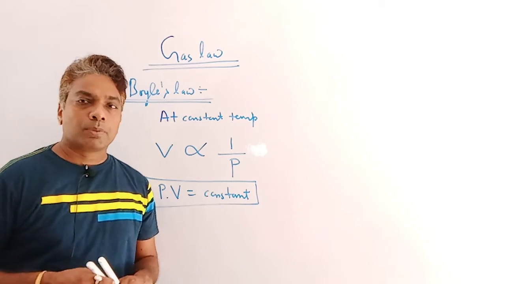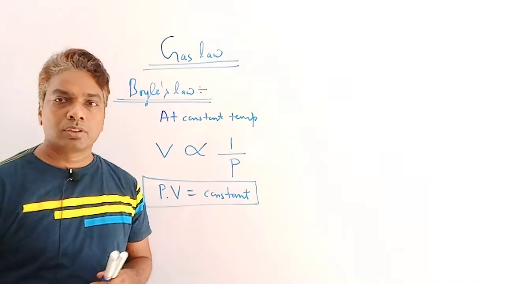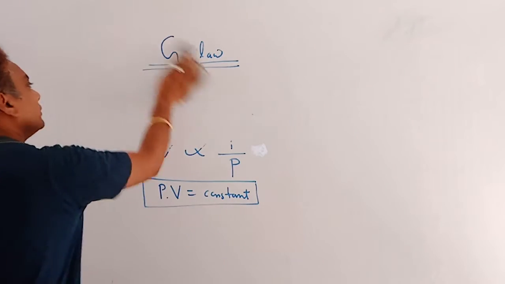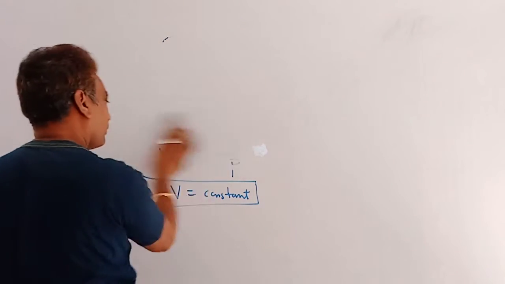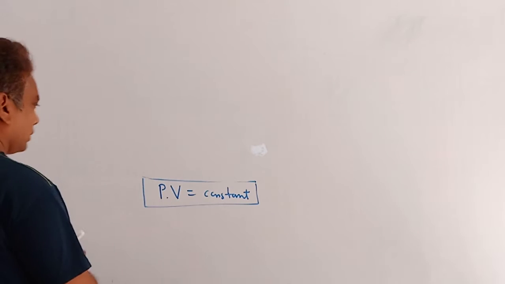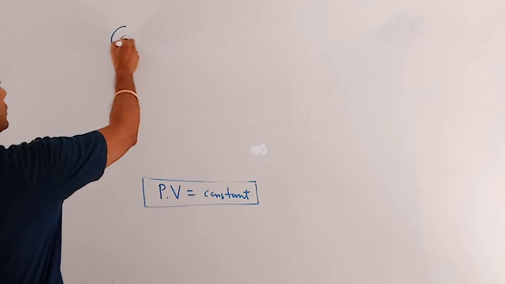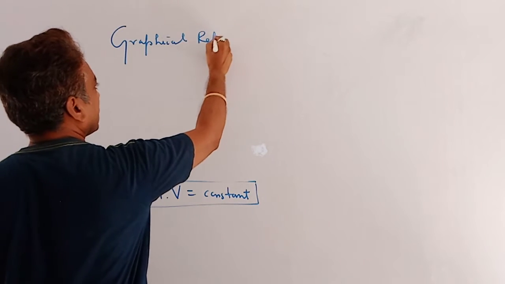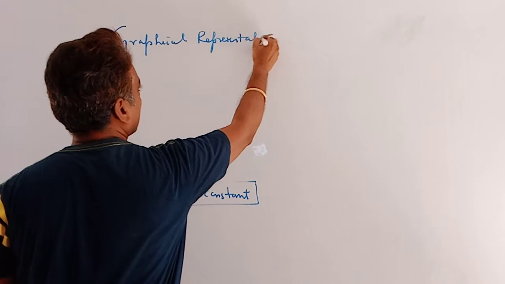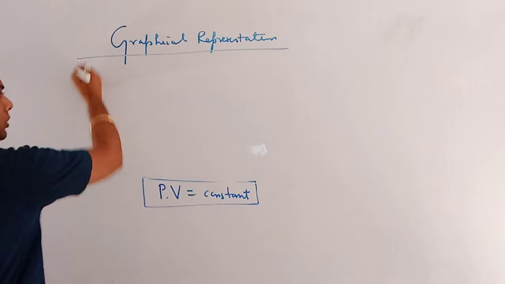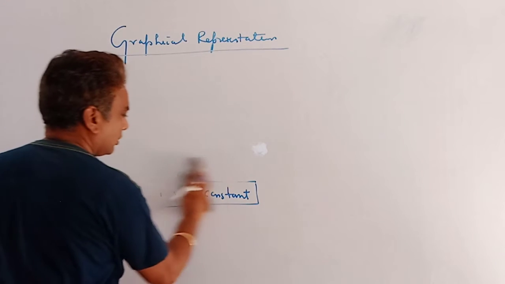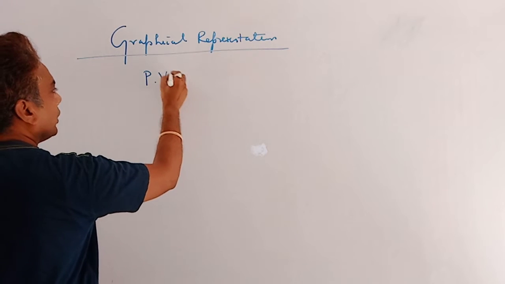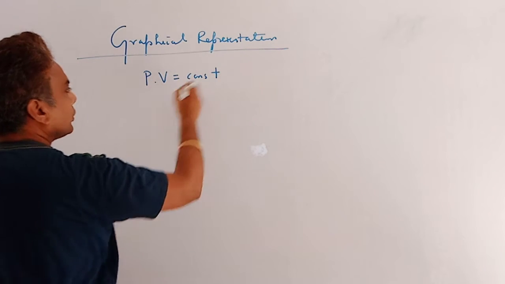Now the graphical representation of Boyle's law on different variables. So we have P into V equal to constant.